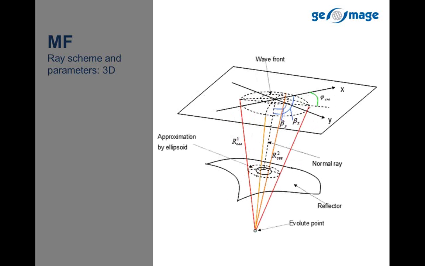If we knew these 8 parameters, we could accurately approximate the wavefront around any arbitrary point. So the main purpose of the multifocusing prestack data analysis is to estimate these parameters from the observed data.